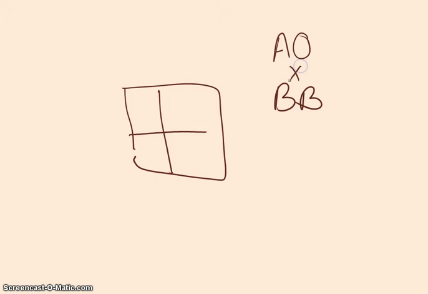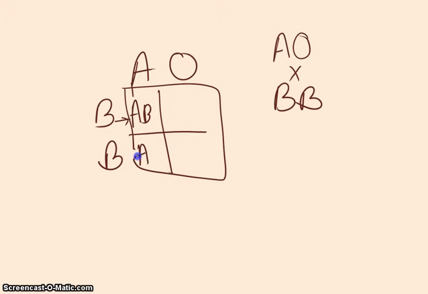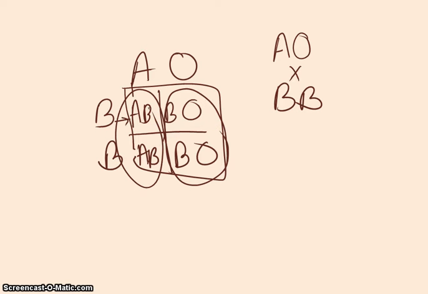We put our AO at the top and our BB on the side, bringing down and coming across: AB, AB, then BO and BO. These two parents would only be able to produce type B offspring or type AB offspring. And we could do that no matter which set of parents we're looking at.